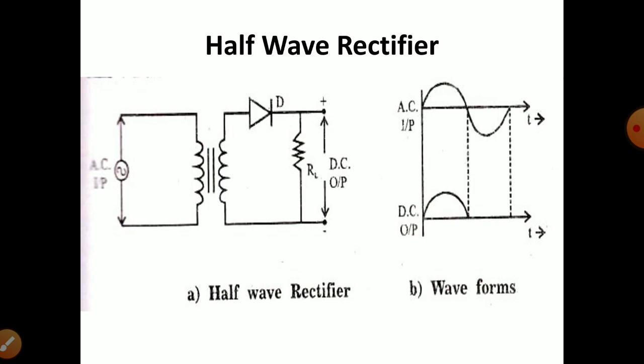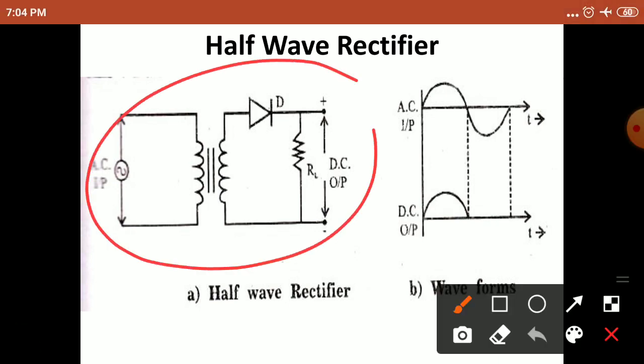I am showing one of the half wave rectifier circuits along with a waveform, just to help you understand the full wave rectifier operation. If you know the half wave rectifier operation, then it is easy to understand the full wave rectifier operation. That is why I have given a brief schematic representation of half wave rectifiers and the equivalent waveforms.